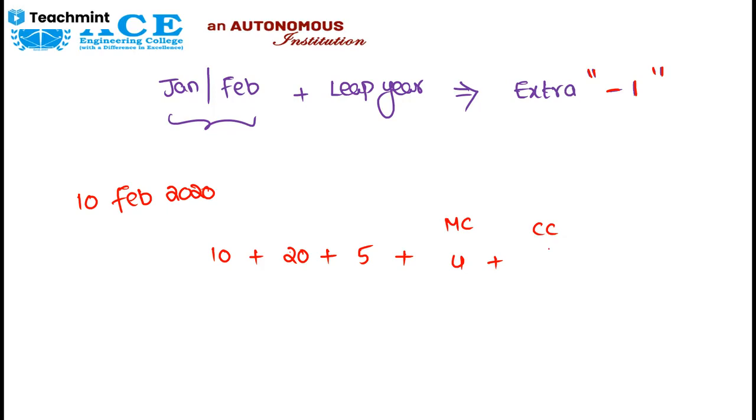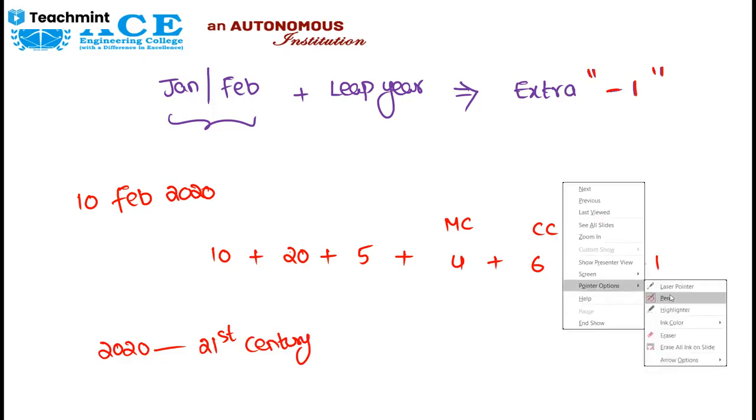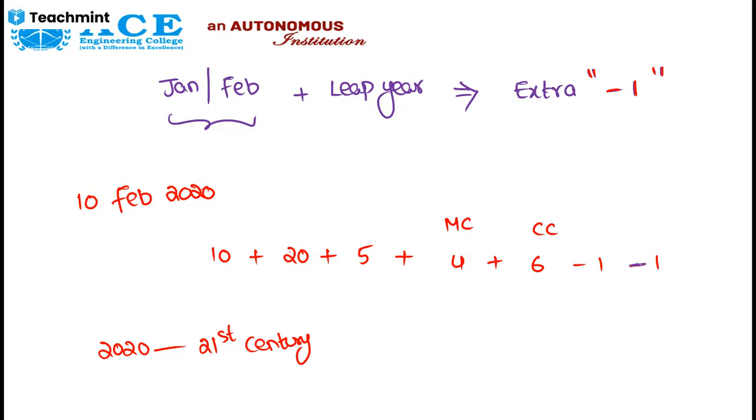Century code is 6, as 2020 is in the 21st century. You can check later on your mobile. That extra -1 is required. Already -1 is there; the specialty we are talking about is this extra -1.